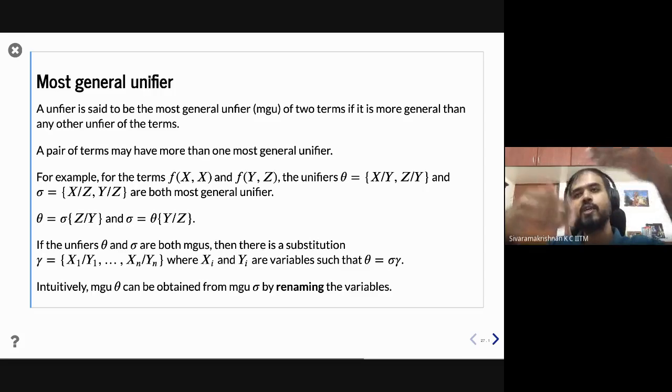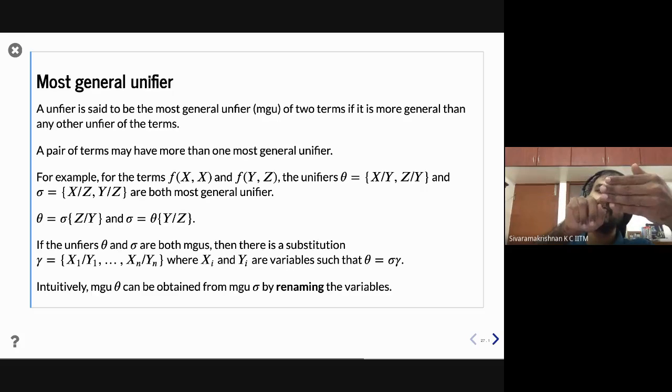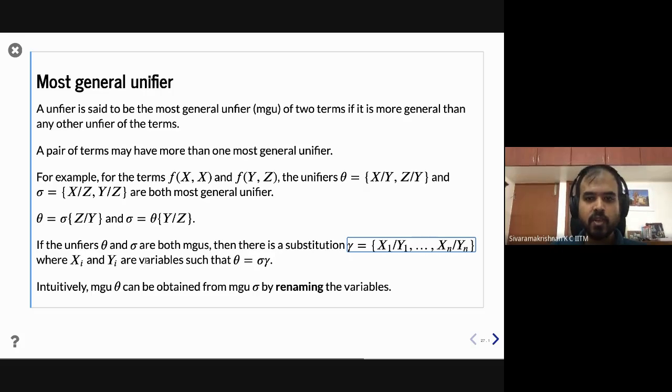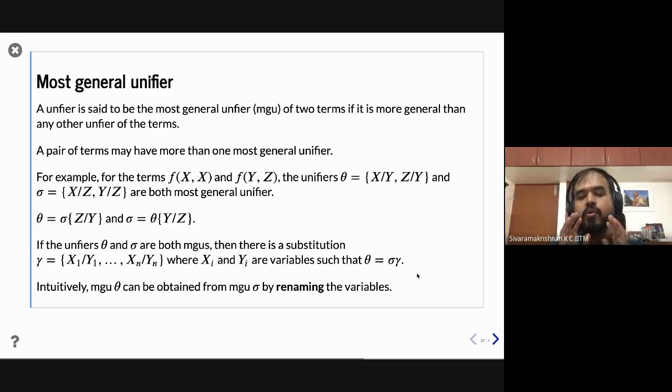You keep doing this until you are left with equivalent ones, which can be obtained by just replacing the variables this way. So if two terms can be unified, then there does exist at least one most general unifier, and you can have multiple most general unifiers.